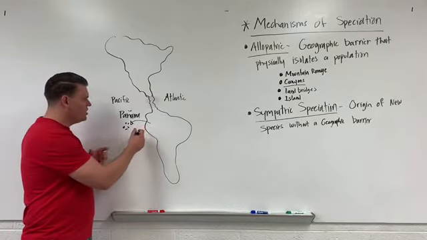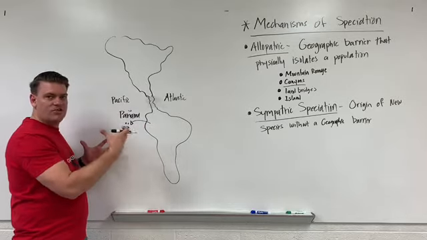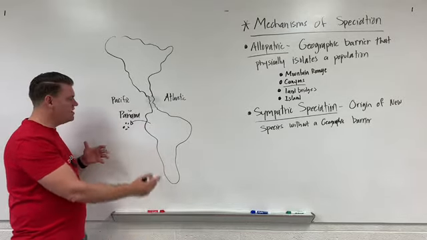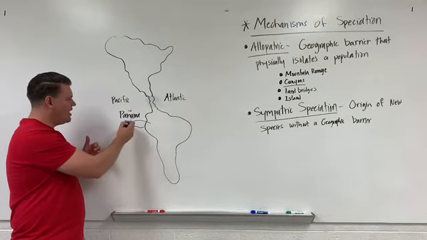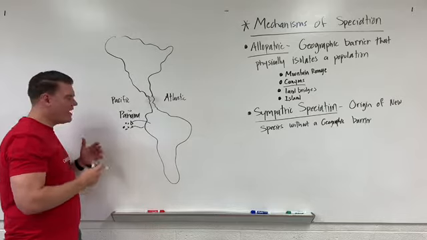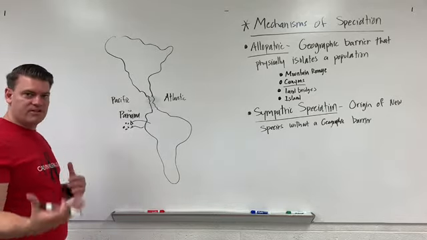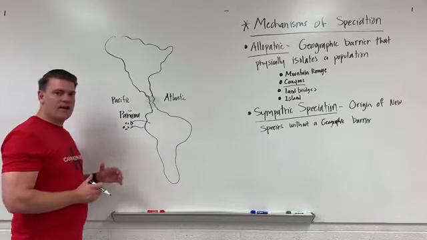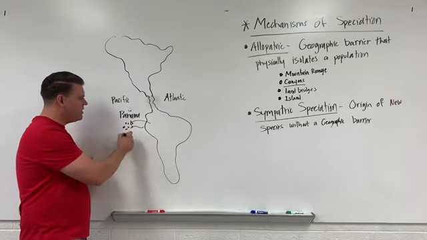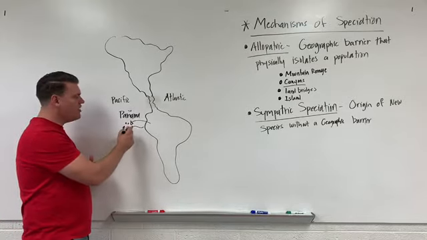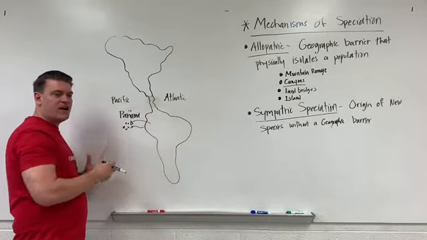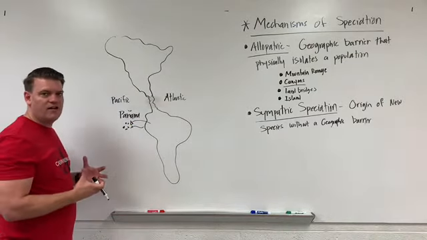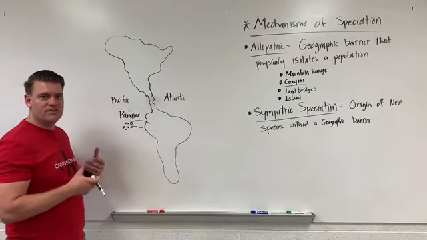So these are huge rafts of vegetation, and tortoises and iguanas got on these rafts of vegetation and ended up making their way over to these islands. And what Darwin specifically saw is that the animals that were all at the Galapagos Islands were very similar to animals over in South America, in this area of South America. But what he ended up finding out is that they had different types of adaptations and they were different species.